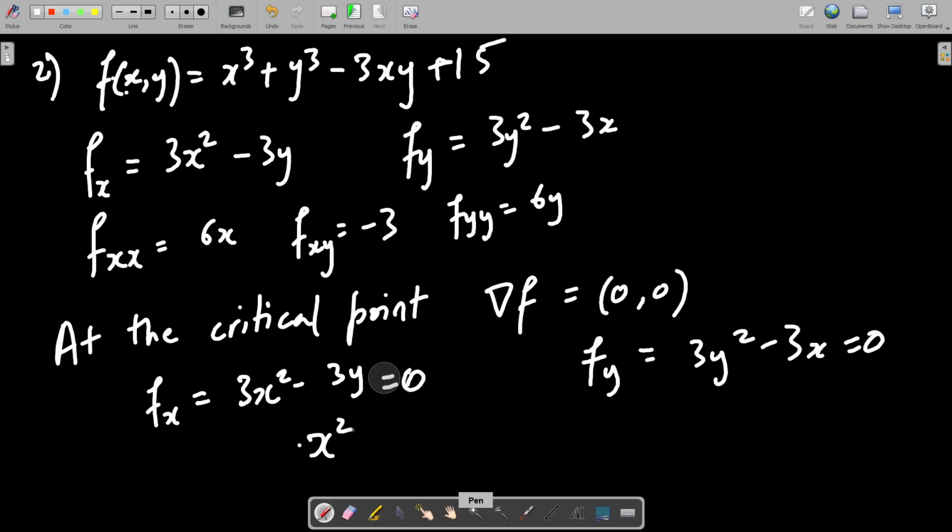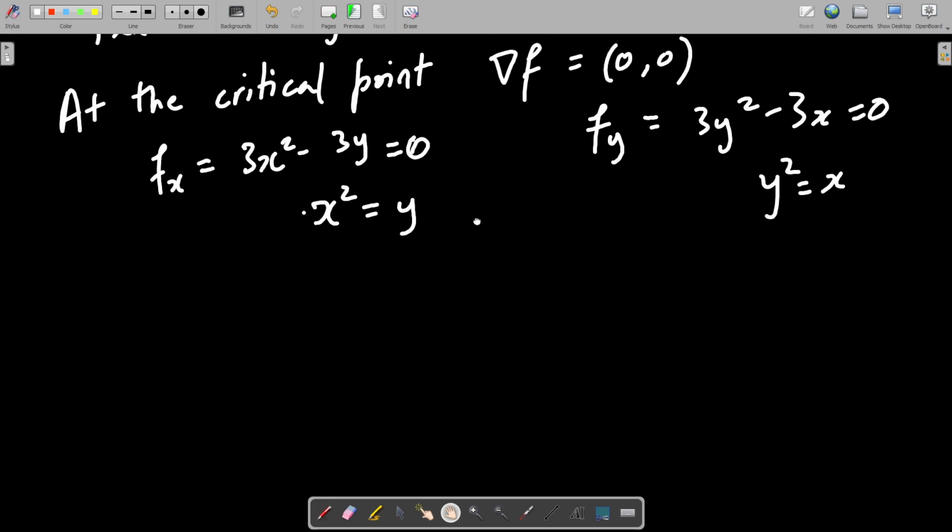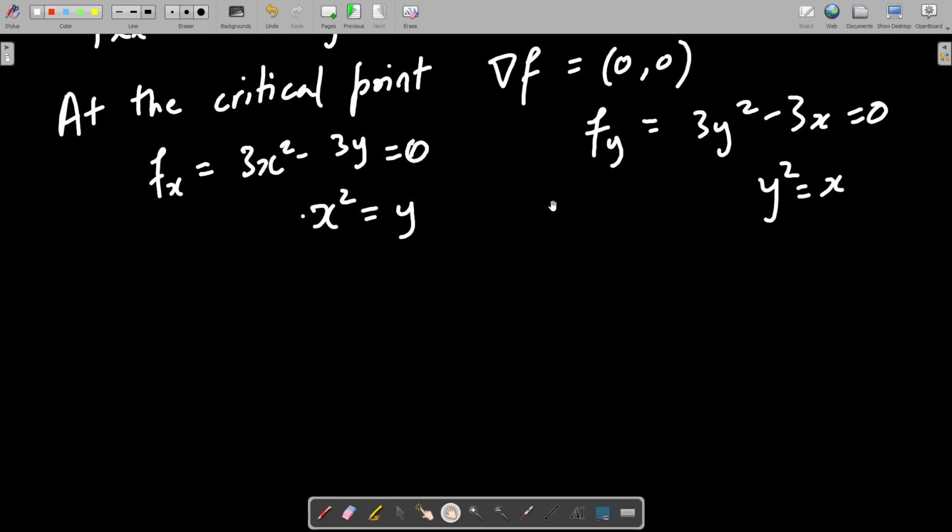So here you are going to conclude that x square is equal to y, and here you are going to conclude that y square is equal to x, right? So substitute one equation into the other. See, at the critical point, both these have to be 0 simultaneously, right? So you can substitute one of the expressions into the other expression. It's not that you solve them separately and get two different answers.